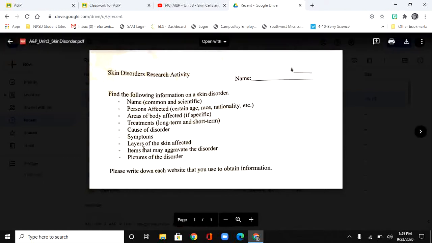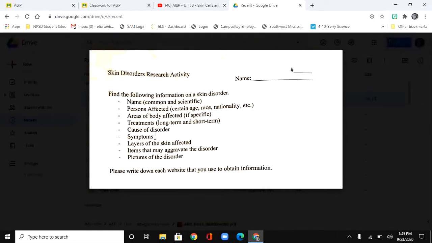Then I need to know the layers of the skin that are affected. So this is going to be the epidermis and the dermis. Does it affect both? Does it only affect the epidermis? Does it target one over the other? So what layers are affected? And then I want to know what items may aggravate it. Like, if you get too hot, does that cause it to flare up?